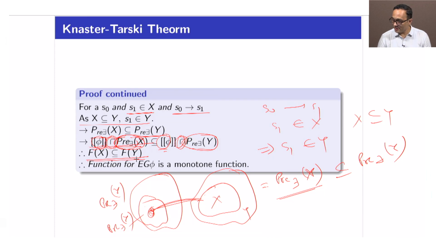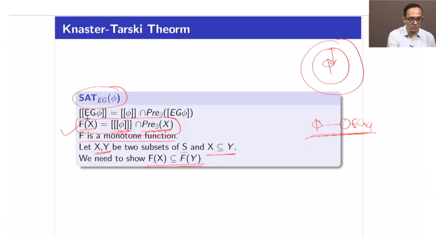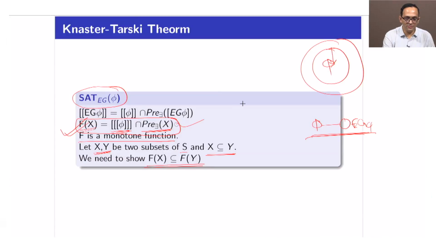So, what I have effectively shown is that the function corresponding to SAT EG phi is a monotone function, and since I have already proved that a monotone function has a fixed point, if I calculate my EG phi this way, I will reach a fixed point. It means all the states where this should hold, I am correctly identifying.